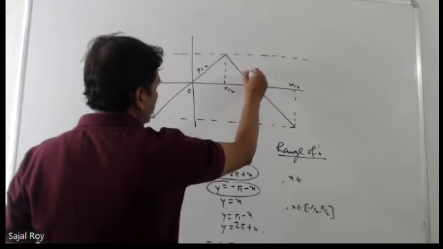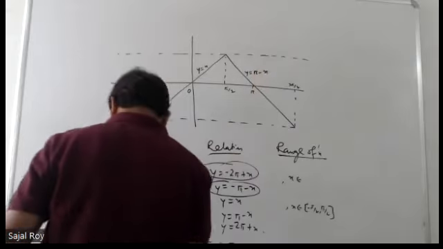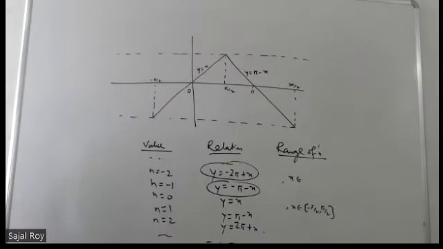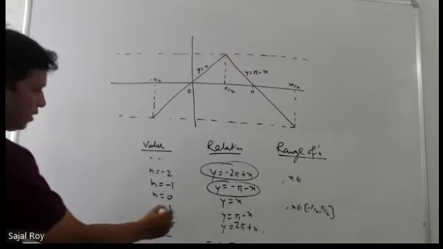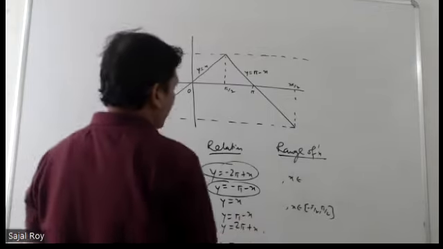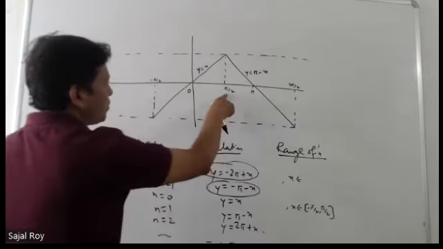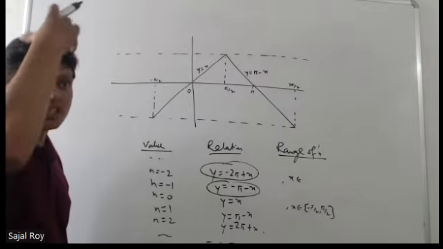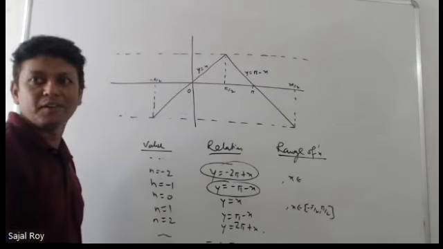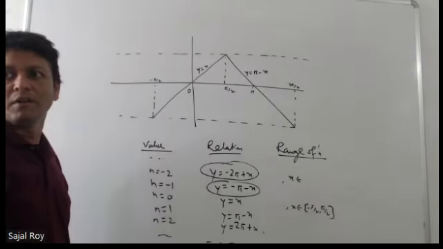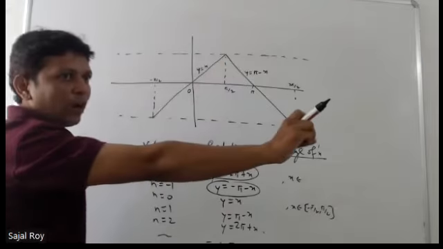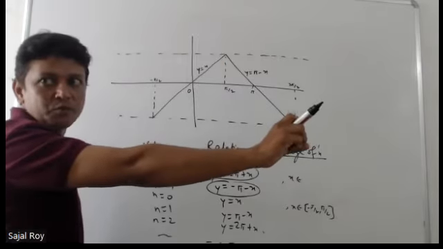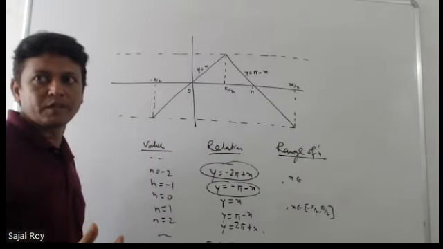This is your y equal to π minus x. See, where is your π minus x? This one, and π minus x lies between π/2 to 3π/2. If you just remember the graph, nothing to carry on. Draw the graph within a few seconds, and answer your question.